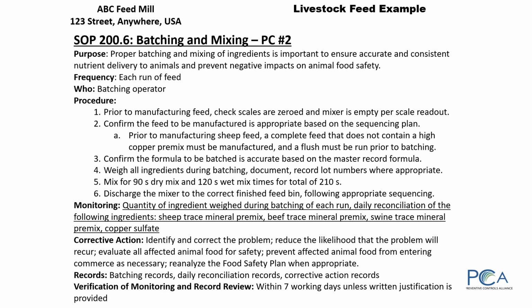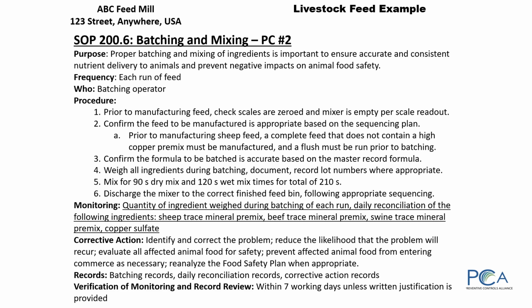Weigh all ingredients during batching, document, record lot numbers where appropriate, mix for 90 seconds dry mix and 120 seconds wet mix for a total time of 210 seconds, discharge the mixer to the correct finished feed bin, follow appropriate sequencing. Okay, great. Now I can hand this to any batch operator and they'll know the exact sequence of events to do to make sure that they're producing safe feed.